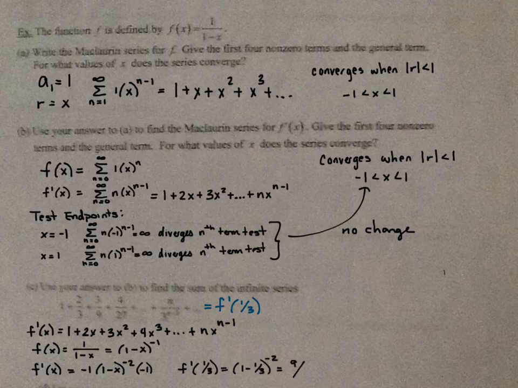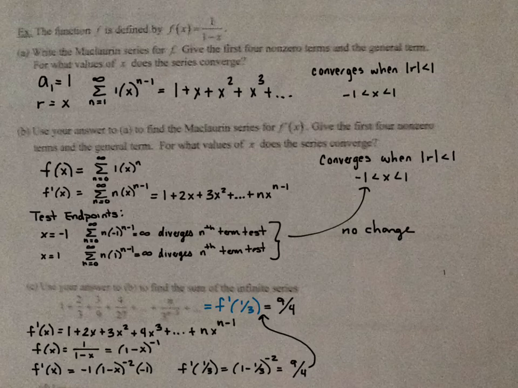I should be able to get a value of 9/4 and say that the sum of that series above is equivalent to 9/4. It's kind of hard to see, but that's how the connection is made between the series and the actual original function. So the series is just a different way of writing the function.